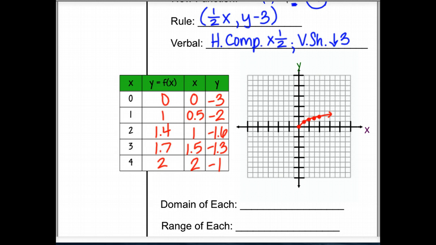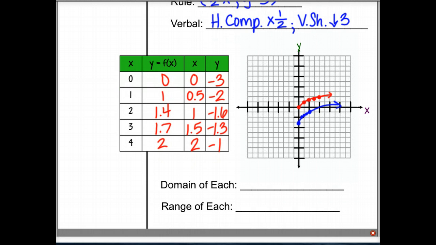Going ahead and plotting these: (0, -3), (1/2, -2), (1, -1.6), (1.5, -1.3), and (2, -1). So this goes this way. It looks the same, but it gets a lot more crunched together.